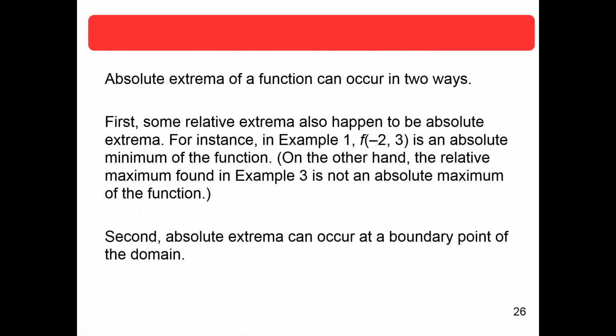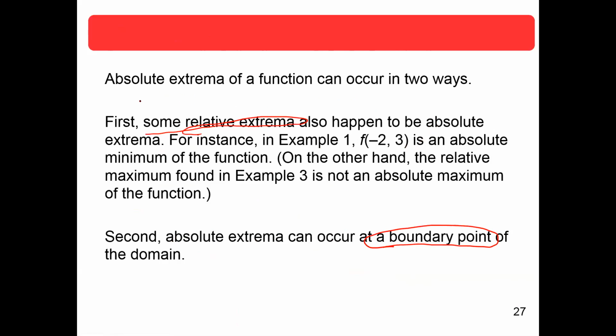So in general, absolute extrema can occur in two ways. It can be at some relative extrema. Relative extrema might happen to be absolute extrema. And second, absolute extrema can also occur at a boundary point.